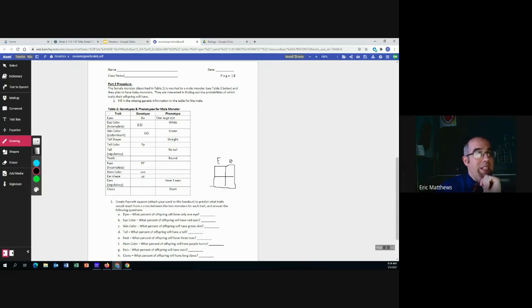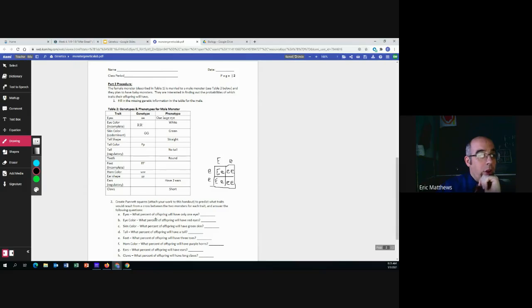Our male monster is little e, little e. And now we complete the Punnett square. This is really unpleasant with the mouse. All right. We've completed the Punnett square.